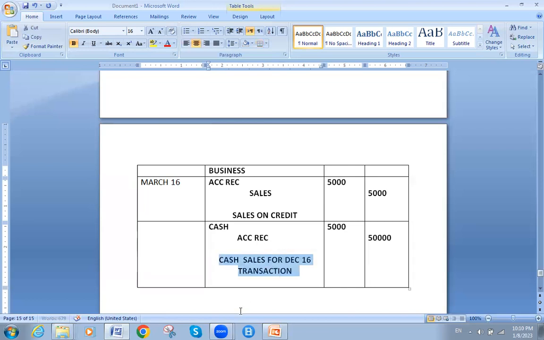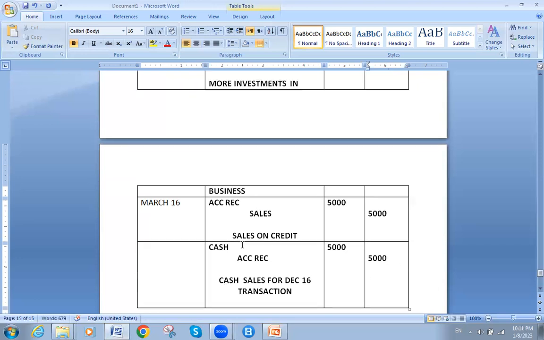So from cash into account receivable. The cash, because we received $5,000. And the account receivable was debit, so you want its balance to be zero. So the debit, you will put it as credit. So it will be from 5,000 the cash into 5,000 the account receivable.